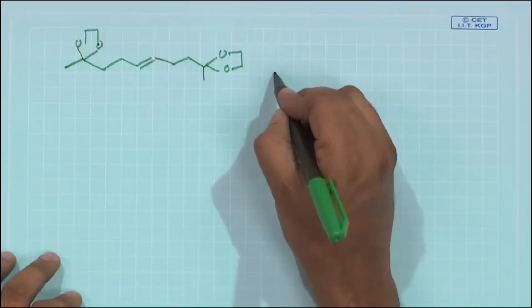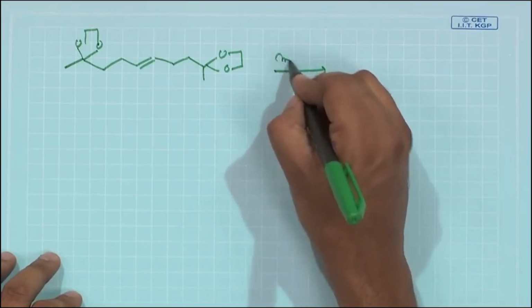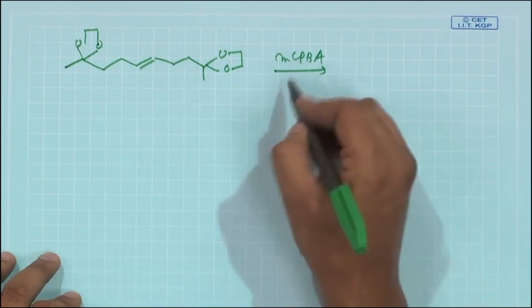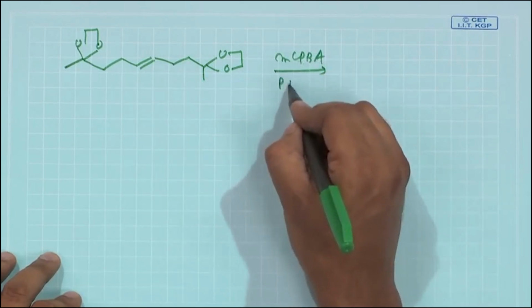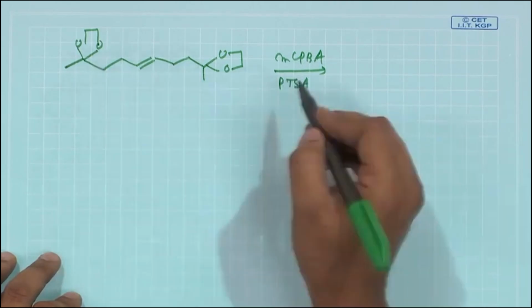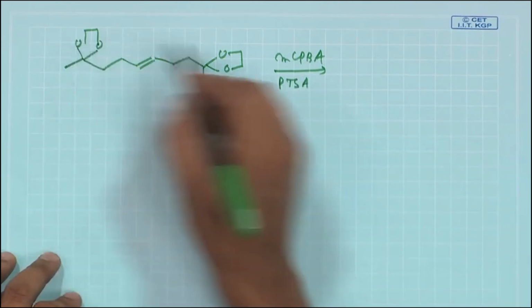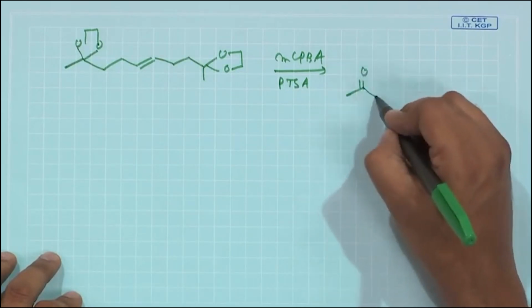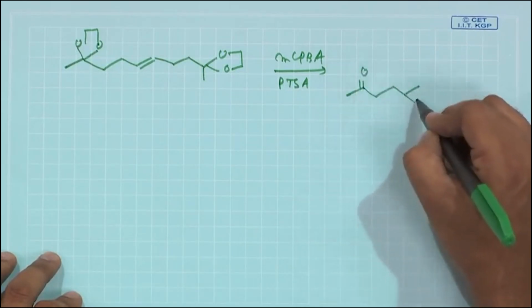Okay, this also needs to be protected. So, fine. Now, you do the MCPBA based reaction. So, MCPBA will give the epoxide here and then you treat with simple mild acid, sulfonic acid, to remove the ketal functionality, and that will now give you the target molecule which was desired.